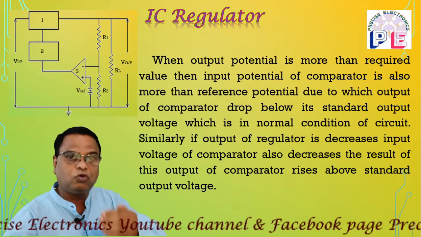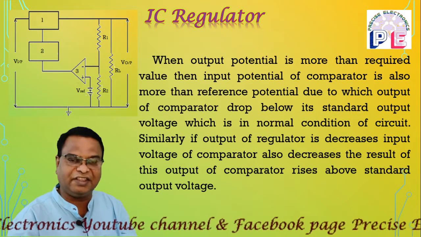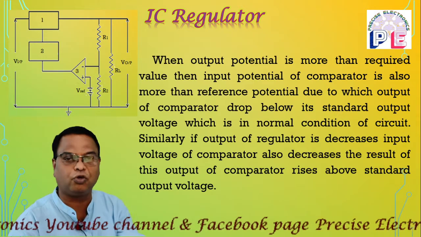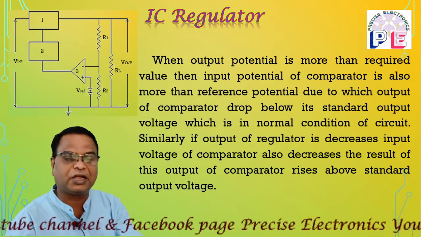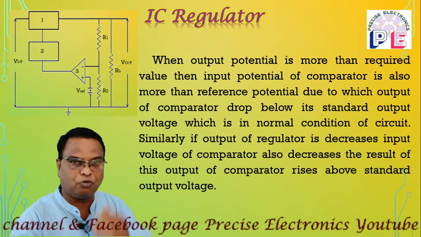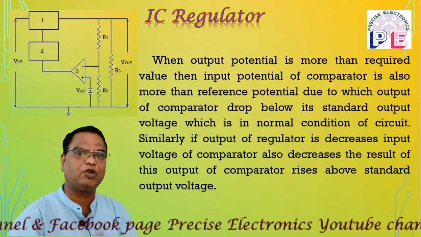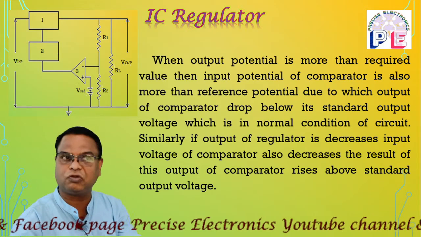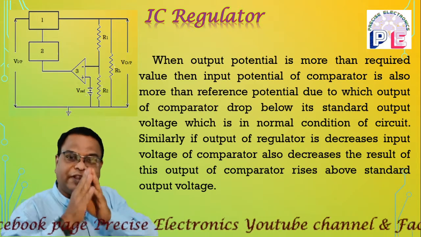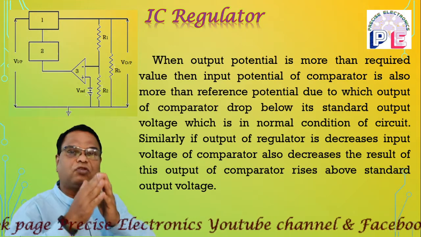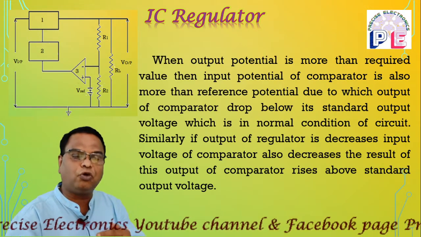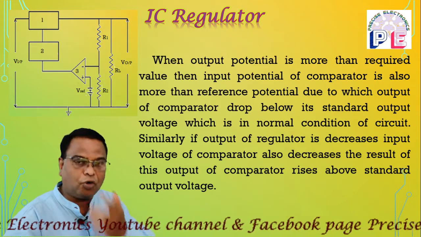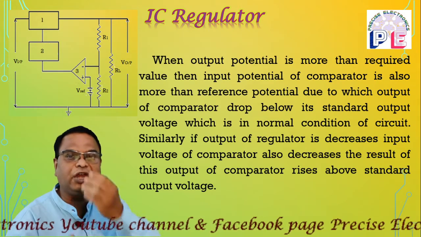But due to some cause, the output voltage increases and goes to 14 volt. That means the input potential applied to the comparator goes to 7 volt: 7 volt will develop across R1, and 7 volt across R2. So for the error amplifier, the comparator, 1 volt more potential is applied to the inverting terminal.